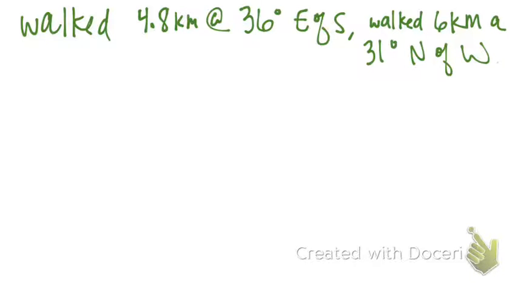I want to draw the big picture so you can get an idea of what it looks like, but it's not going to do us a whole lot of good to spend time envisioning it. East of south means we went here, 36 degrees for 4.8. Then we went north of west, which means we kind of tracked back in that same direction, but maybe at a different angle, 31 degrees north of west.